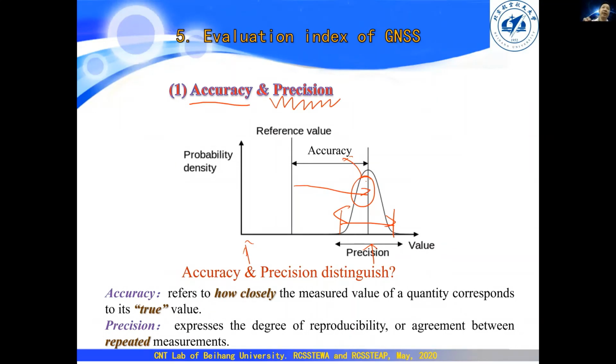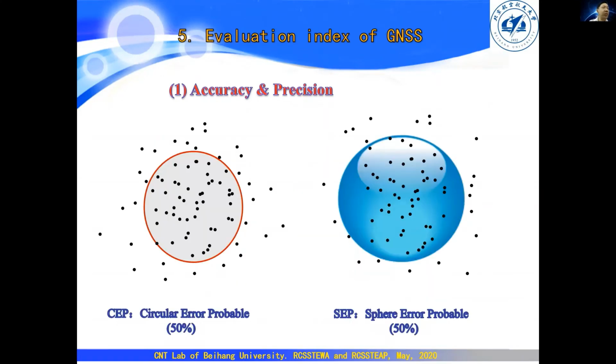So actually for accuracy or precision, you need to make it clear what you really mean, the trueness or something else. There is a methodology to consider accuracy and precision at the same time, called CEP, circular error probability. CEP means that in the center is the true value, and you draw a circle to let 50% of the positions in.